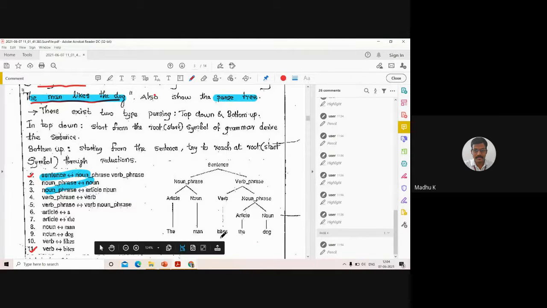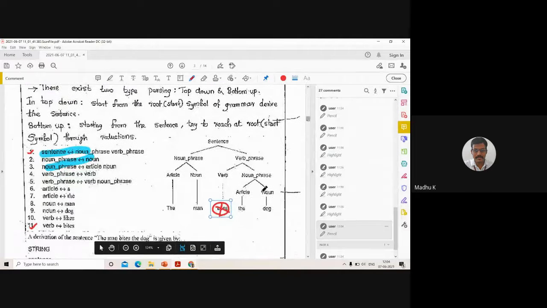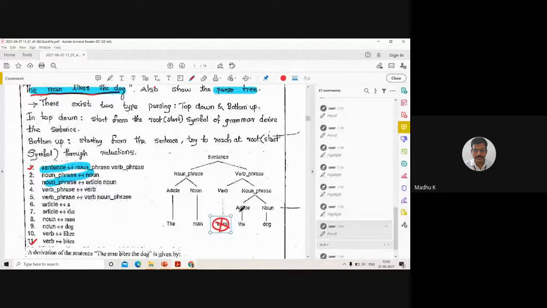In the text, bites was also given, but this is likes. Anyway, we will replace the verb with the corresponding verb in the sentence. It is likes.